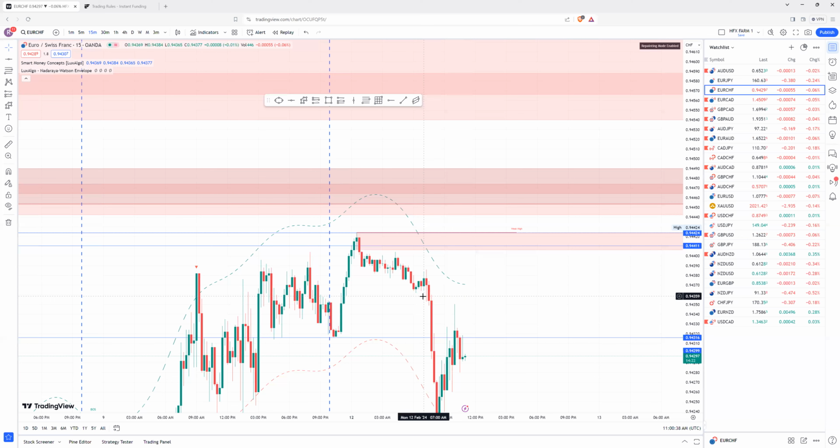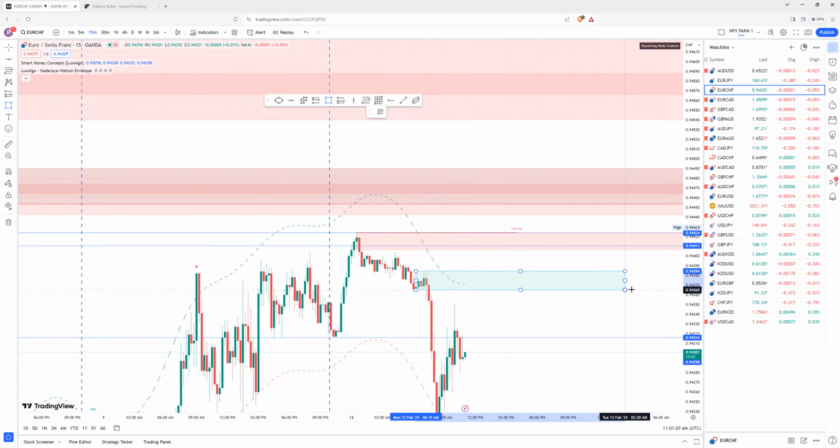But aside from that, how to identify a good order block is, you see, after this green candle, the red candles that pull down, they pull down with a lot of liquidity, so these candles are long. This place might be one of the best order blocks around or inside this 4-hour candle.